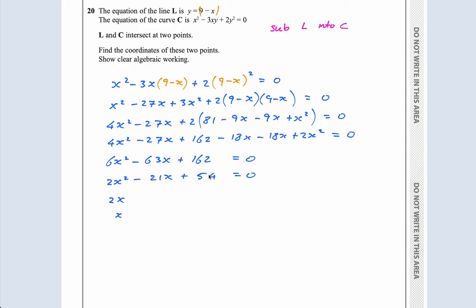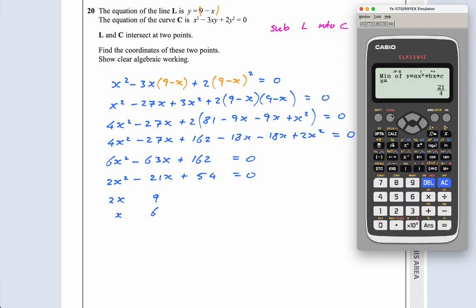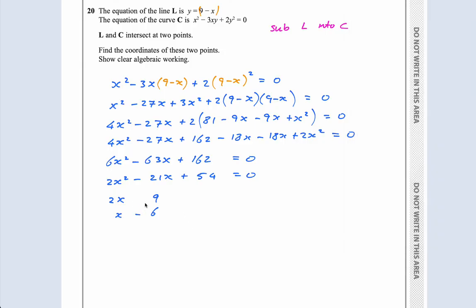The factors of 54 are 9 and 6. So I'm going to go 9 here and 6 there. This is helping me because if my x's are 6 and 9 over 2, then they're both going to be minus. That's minus 6 and minus 9. So my factors are 2x minus 9 times x minus 6 equals 0.